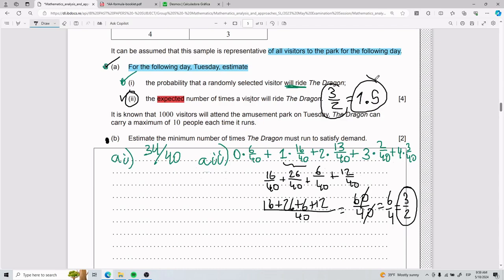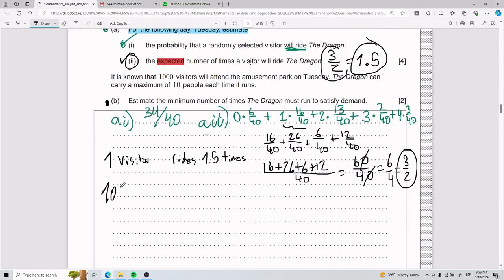And so, technically, if 1,000 people show up, then how many times will they ride the dragon? Well, one visitor rides 1.5 times.